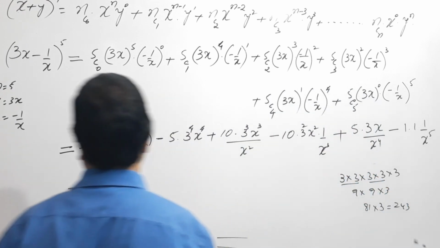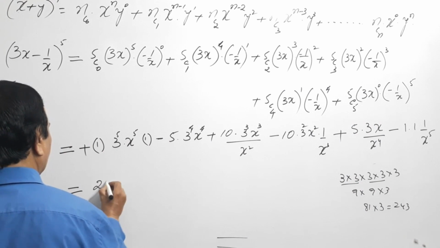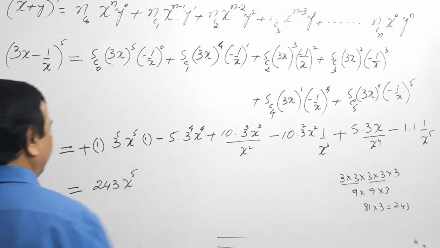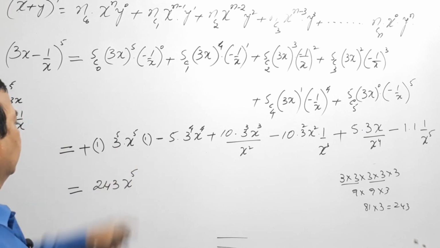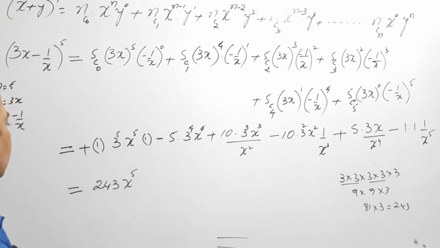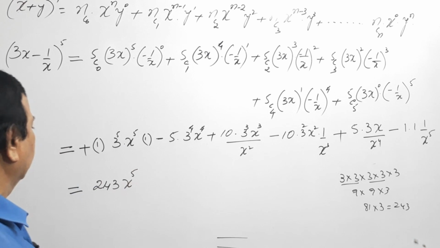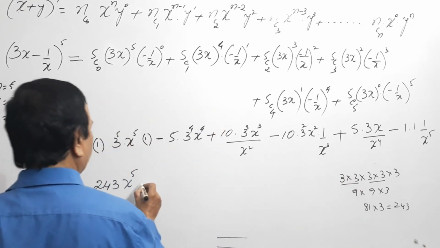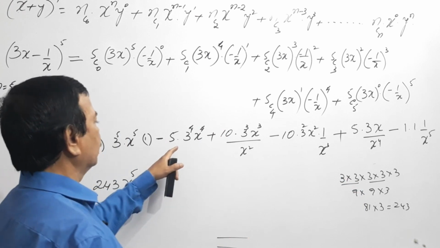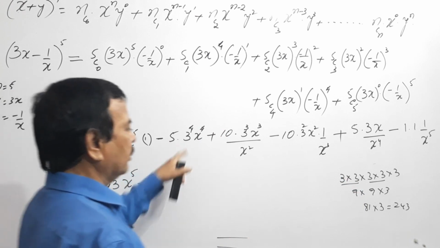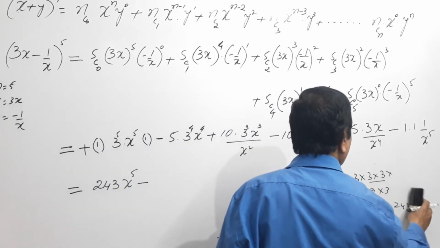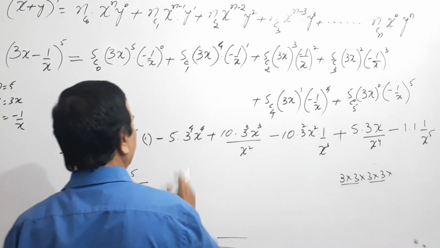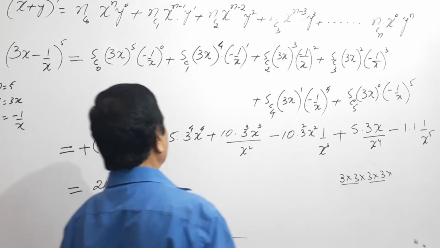I will write plus 243 x to the power of 5. Yes. Minus. So this is 5. So this becomes 3 3s are 9, so 81. 81 into 5.